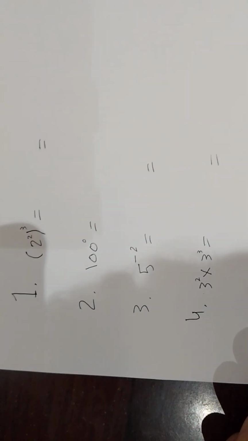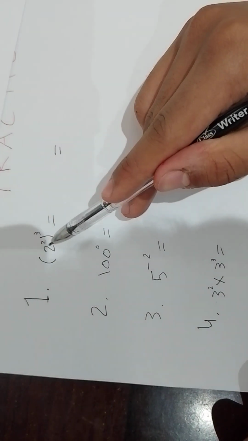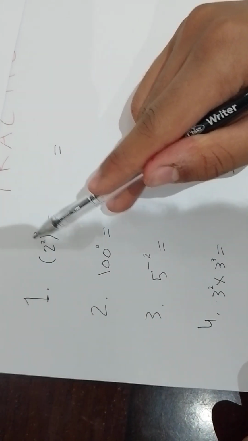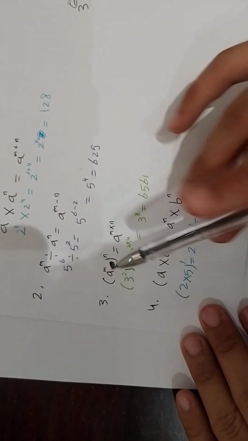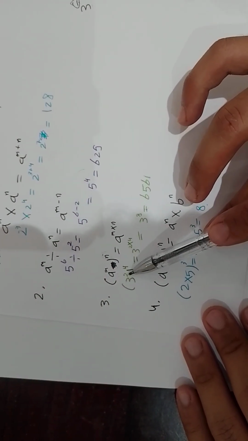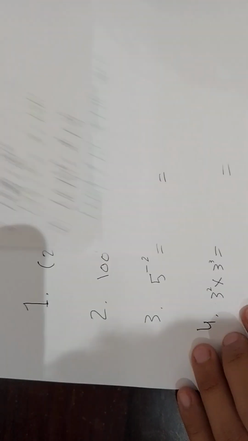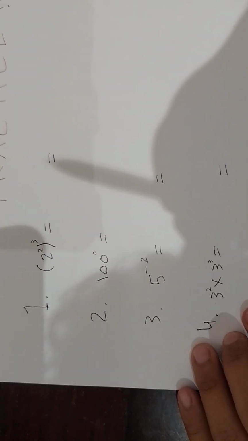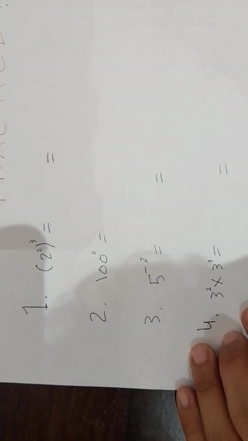Okay, let's follow the rules here. The first one is 2 squared to the 3, which follows this rule. The first exponent would be multiplied by the external exponent.